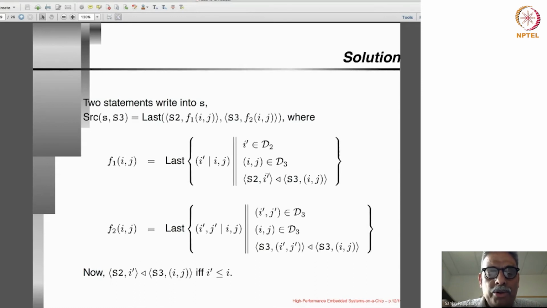Now, what we are going to do is, in the first function, look at the inequalities that we get out of that last execution order.